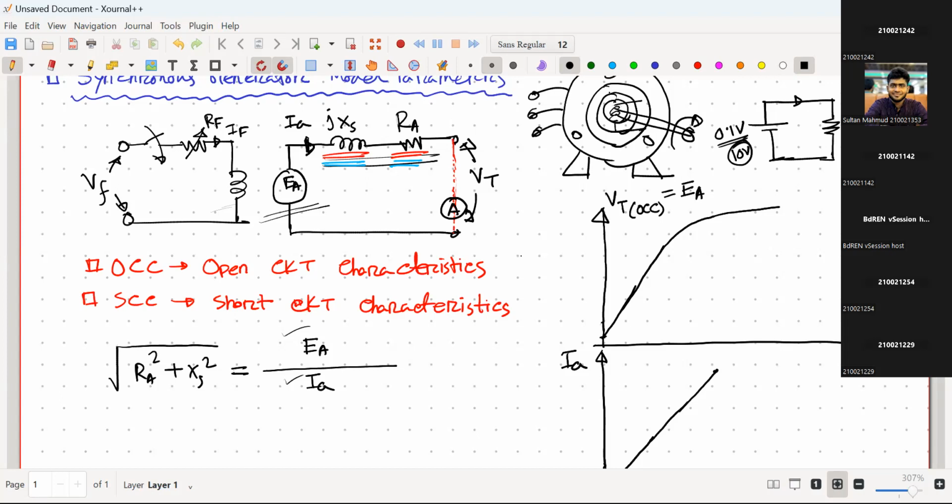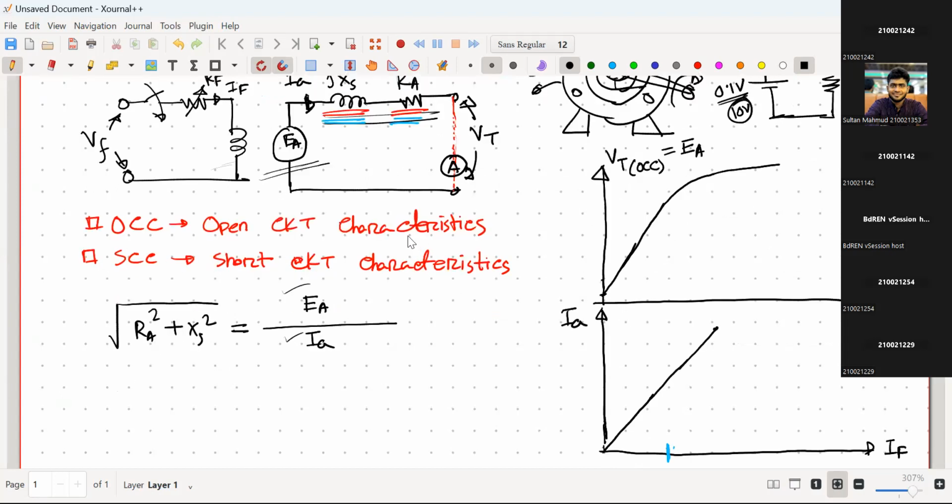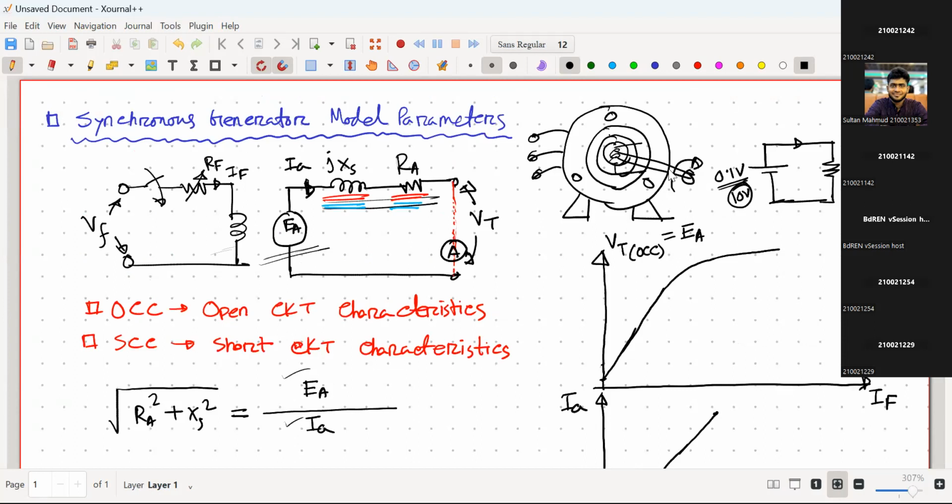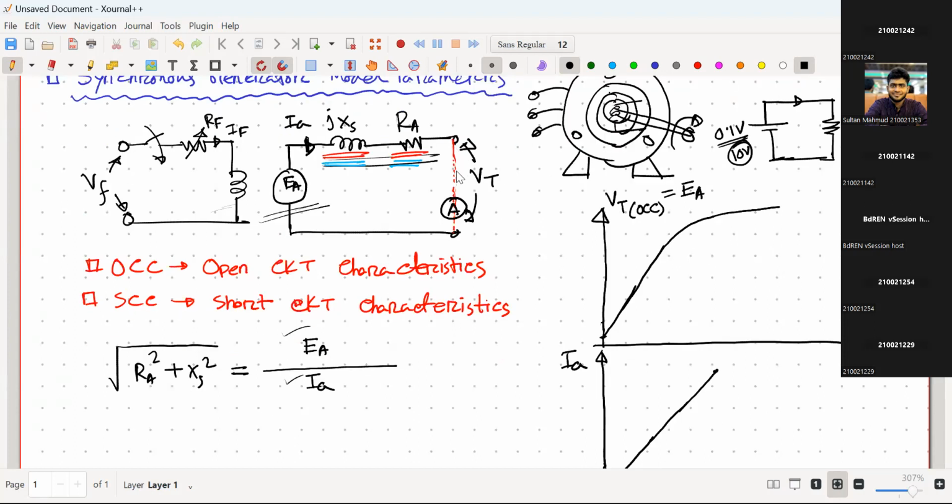So what I am saying is that as this side is shorted, theoretically I am supposed to get an infinite amount of current, but definitely I will get a very high amount of current.